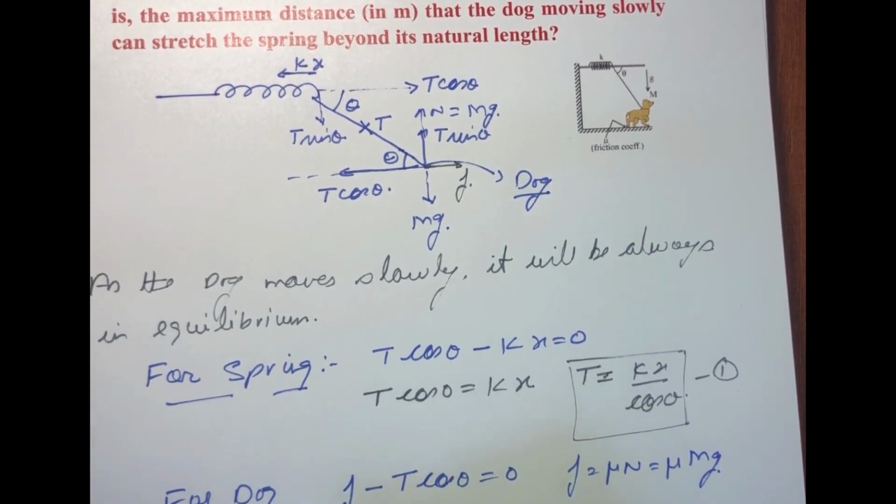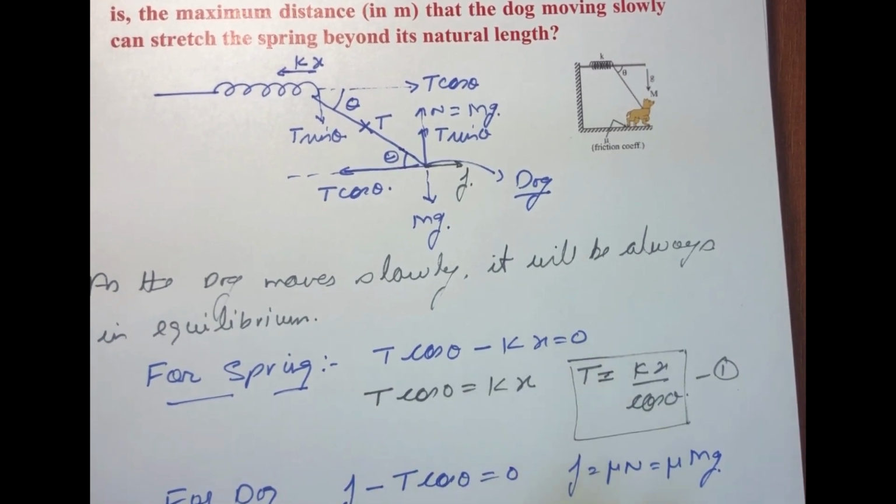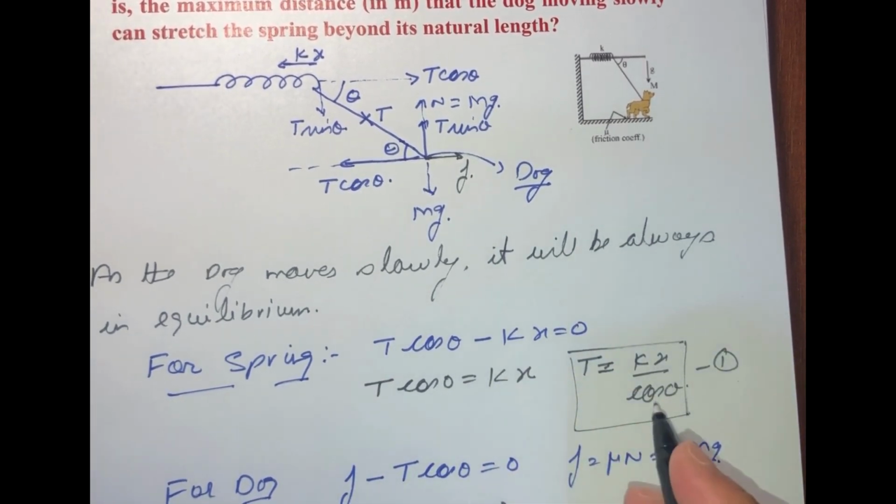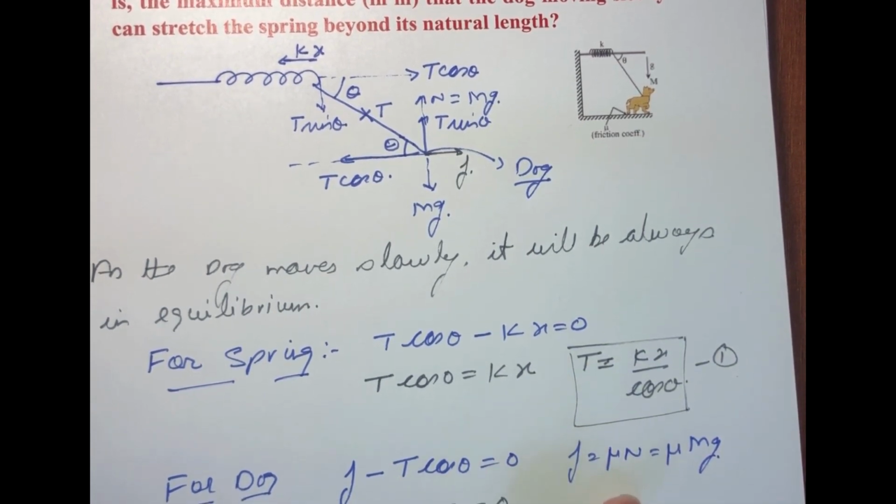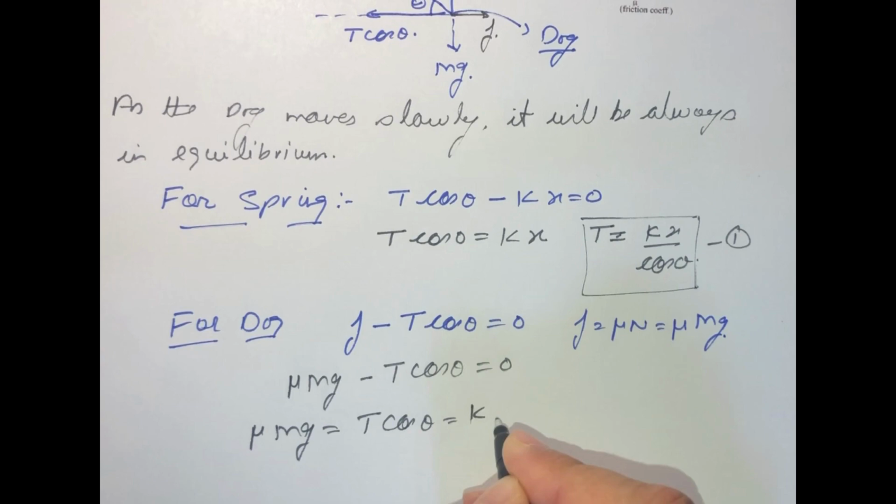So from here, mu mg is equal to T cos theta, and T cos theta is equal to kx.